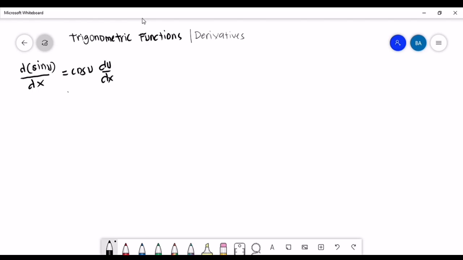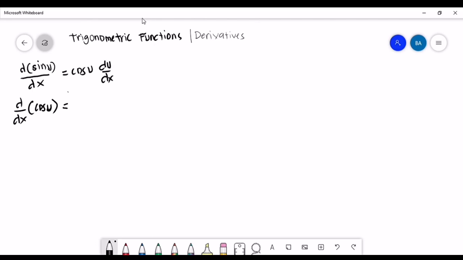The second one is the derivative of cosine u. This is already a derived theorem or formula for the derivatives of trigonometric functions. If you ask how this formula was derived, or where it came from, there was a long method for it. You apply the delta x, delta y, so just try to search for it on the internet.